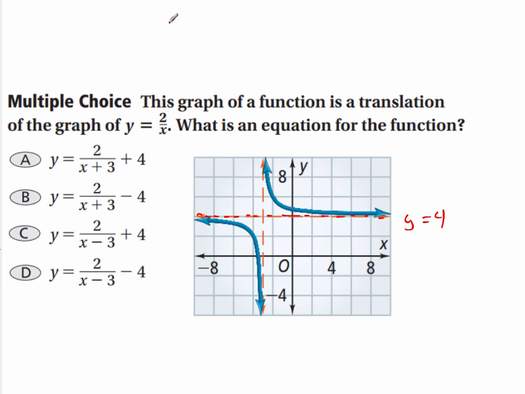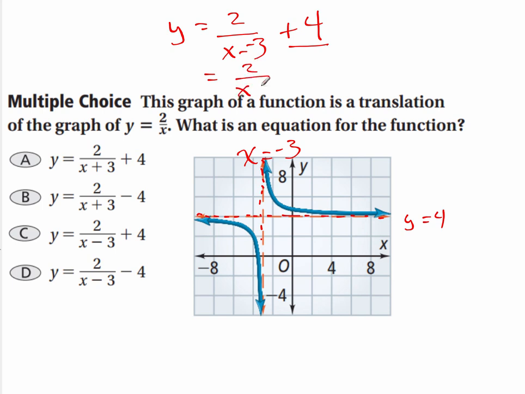So I know my equation will be 2 over x, and in this case, it'll be plus 4, because this right here is my horizontal asymptote. I have a vertical asymptote at, what is this, 2, 4, at negative 3. So this tells me my equation is 2 divided by x plus 3, plus 4. Or answer choice A.